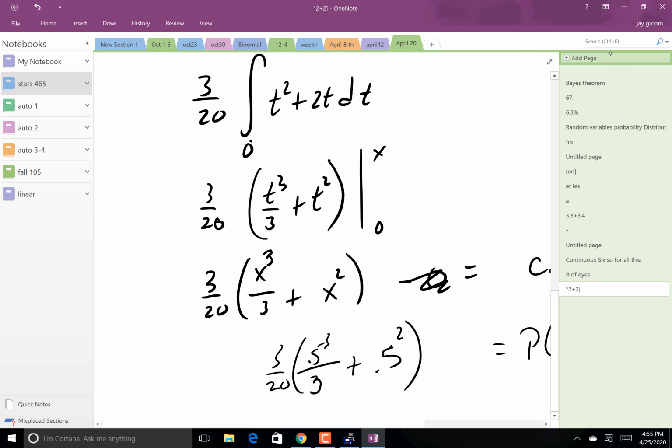One more thing I want to mention about that. What would that function look like?